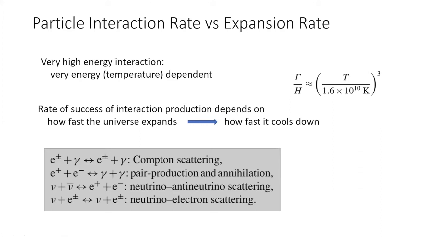The faster the universe expands, the faster it cools down. So the faster it cools down, you get to lower temperature in such a short time that you wouldn't have a good rate of success. That's the idea. That's how we try to estimate the number of photons, the number of neutrinos, the number of electron-positron scattering processes back then.